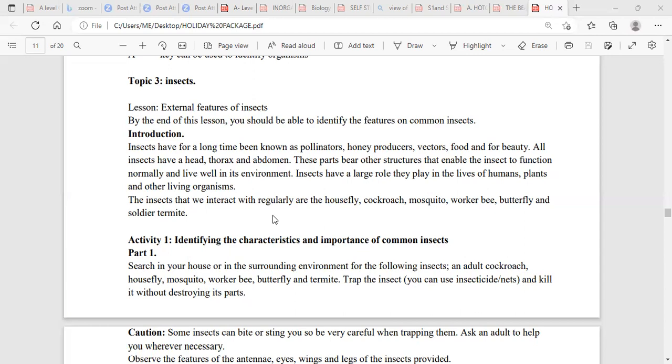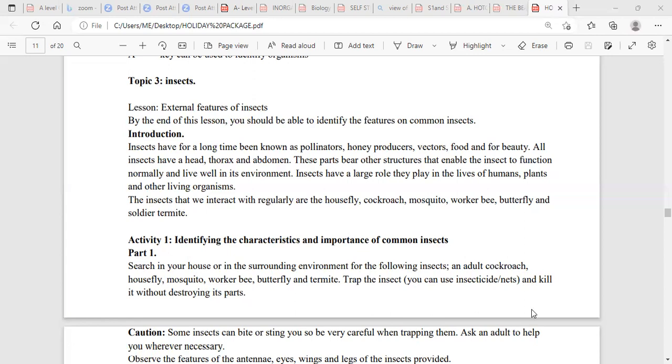They have a pair of large compound eyes, and they breathe through the spiracles found on the side of the thorax and the abdomen. Those are the main characteristics that distinguish the insects from other arthropods: three main body parts, a pair of antennae on the head, three pairs of jointed legs, a pair of compound eyes, and the ability to breathe through the spiracles found on the side of the thorax and the abdomen.